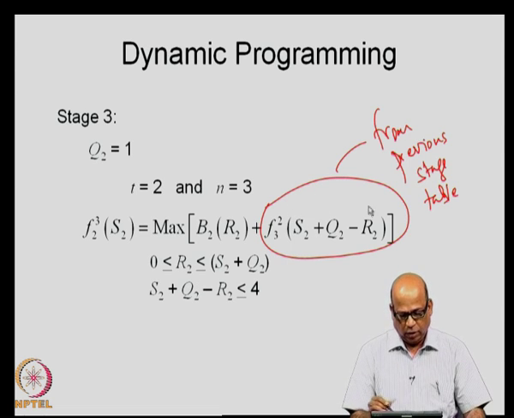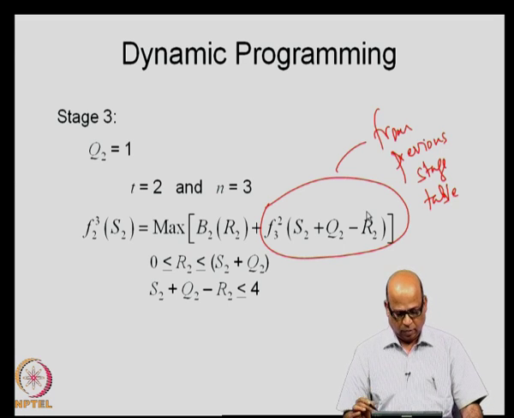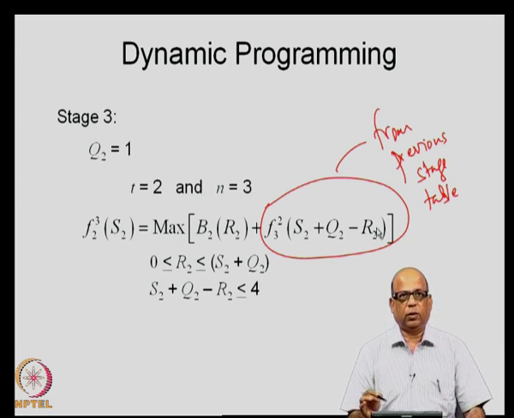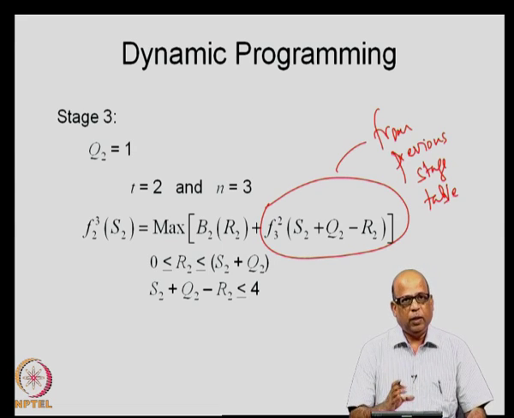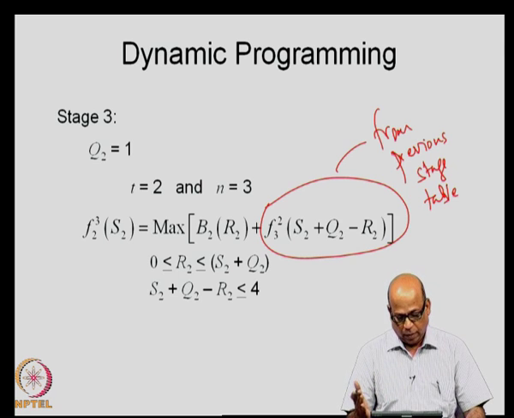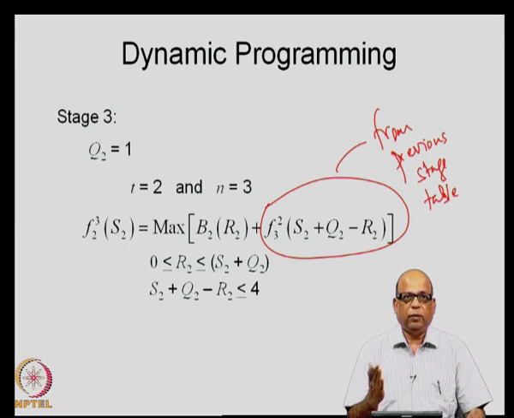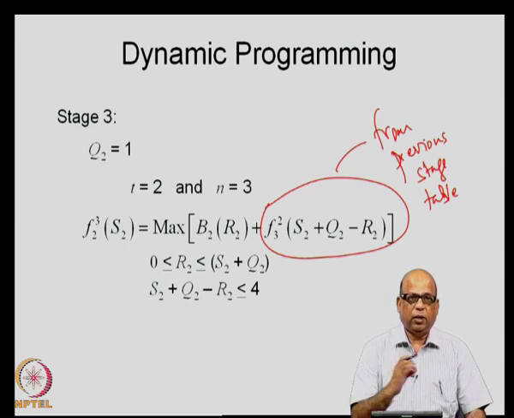If we know the storage at the beginning of the time period 3, we know what is the particular optimal objective function value. This we have done in the previous stage calculation. So, we pick up the optimal objective function value corresponding to S3, that is S2 plus Q2 minus R2, which defines S3, from the previous stage calculations.